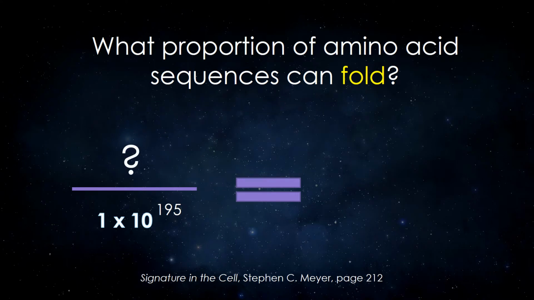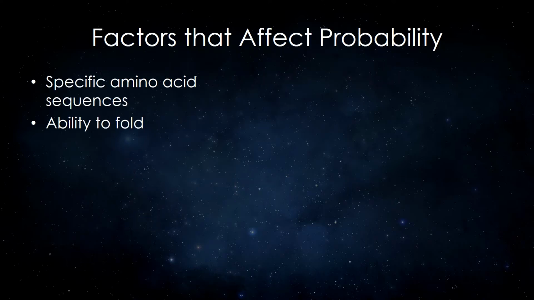Douglas Axe performed some experiments and concluded that only about 1 in 10 to the 74th amino acid sequences is able to fold into a useful protein, so we'll use that number instead of the 1 times 10 to the 195th. But we also need to consider 2 additional factors that affect probability: chirality and chemical bonding, which make the problem much worse.